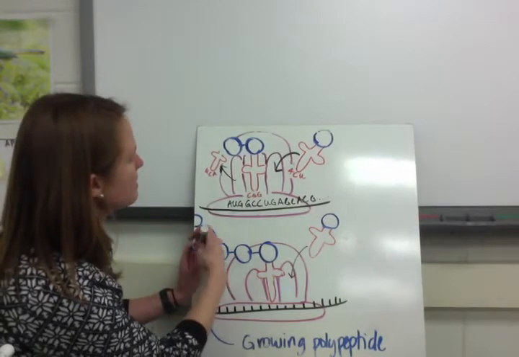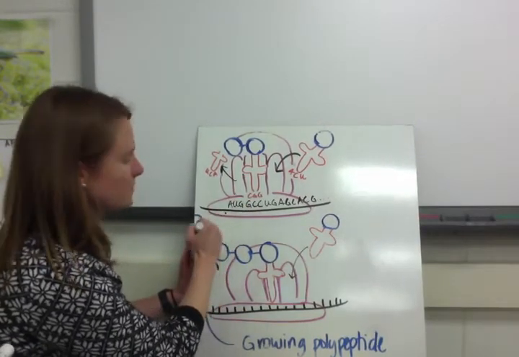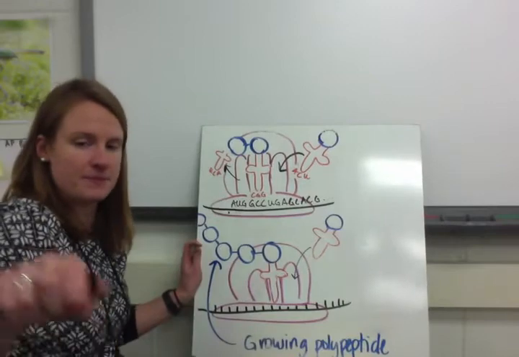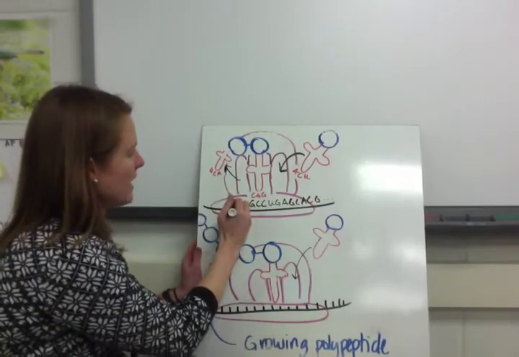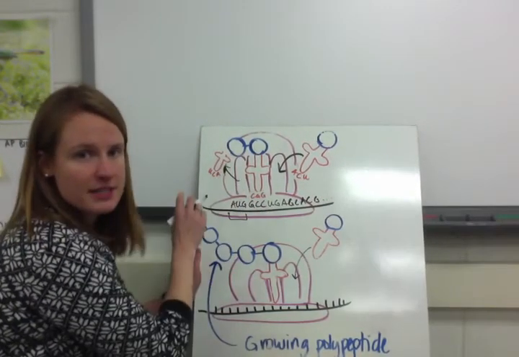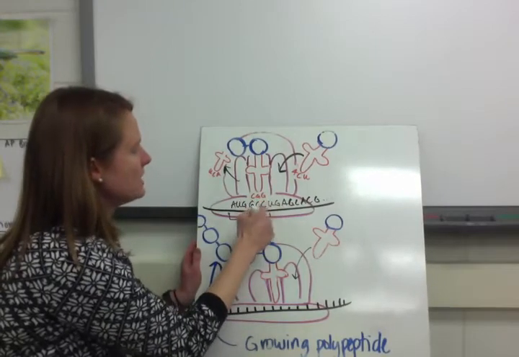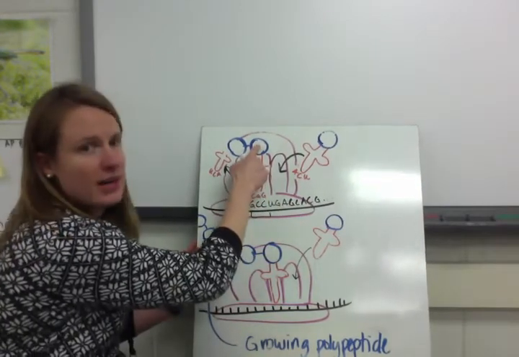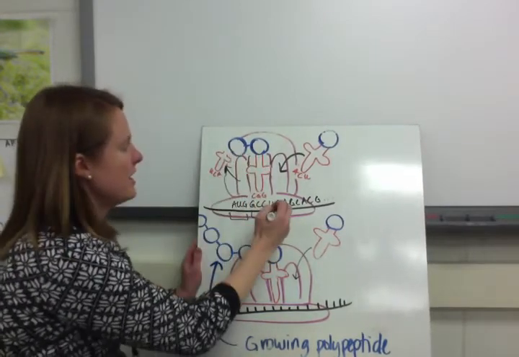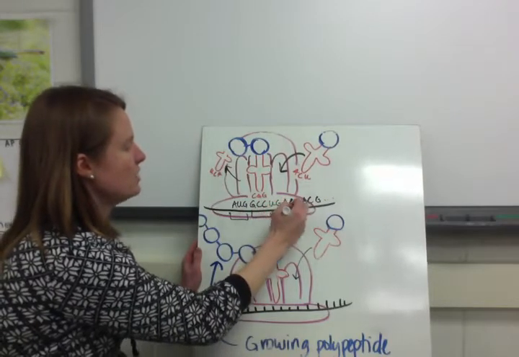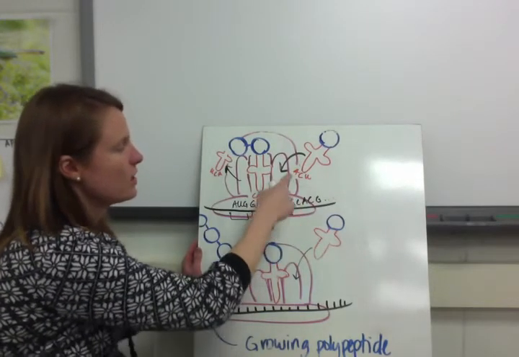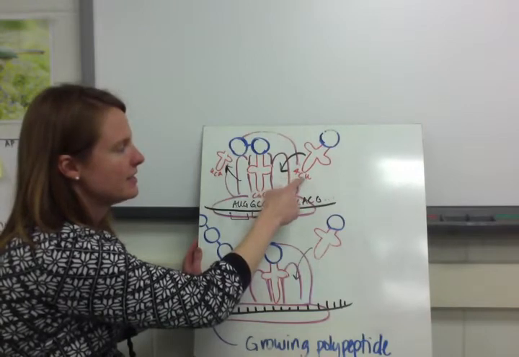So in this case, we've already read AUG, that was this amino acid. Then we read GCC, that's this amino acid that's been attached to that first one. And now the next codon is UGA, so its corresponding anticodon is ACU.